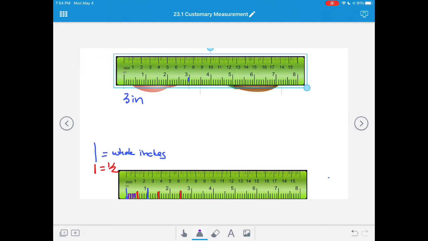So those little ones are 1/8 inches, or sometimes they're also just 1/4 inches if it's just split in two. So 2 of those would equal 1/4 of an inch.